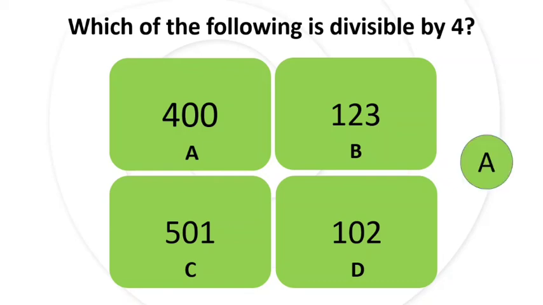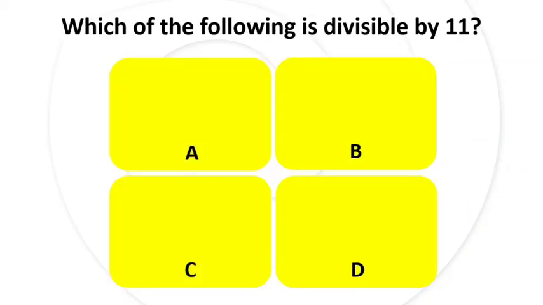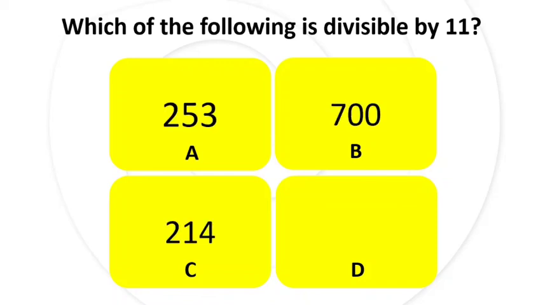The answer is A. Which of the following is divisible by 11? 253, 700, 214, 315. The answer is A. 253.